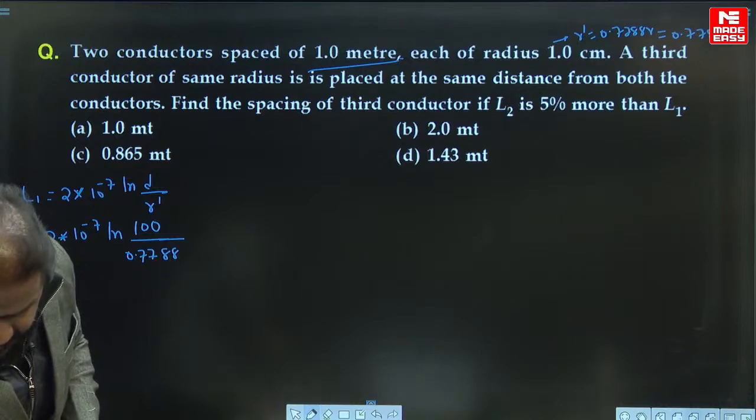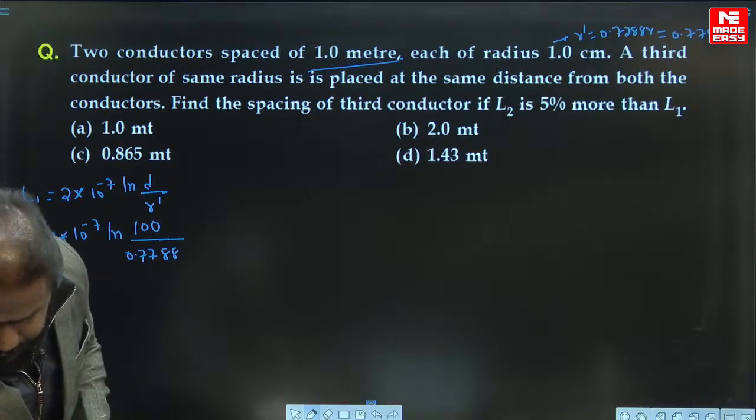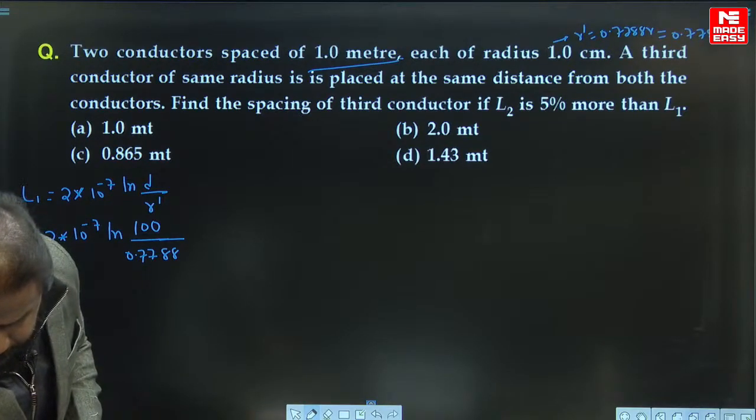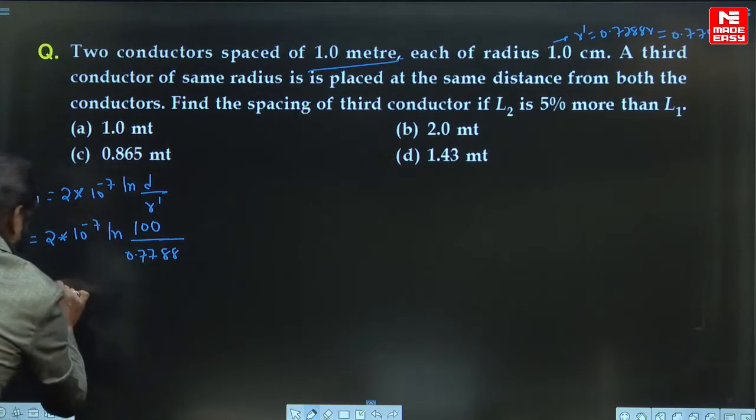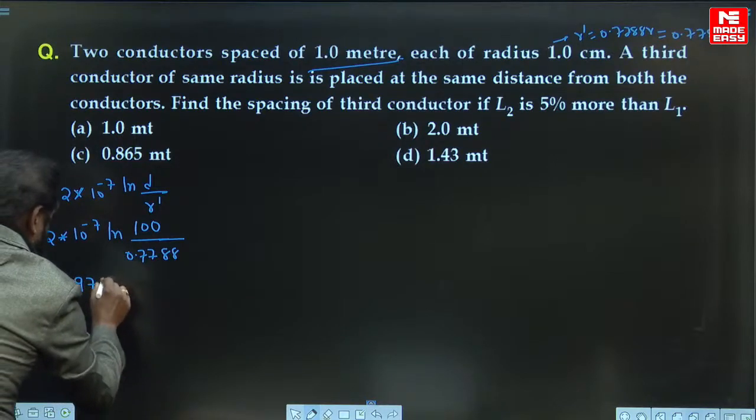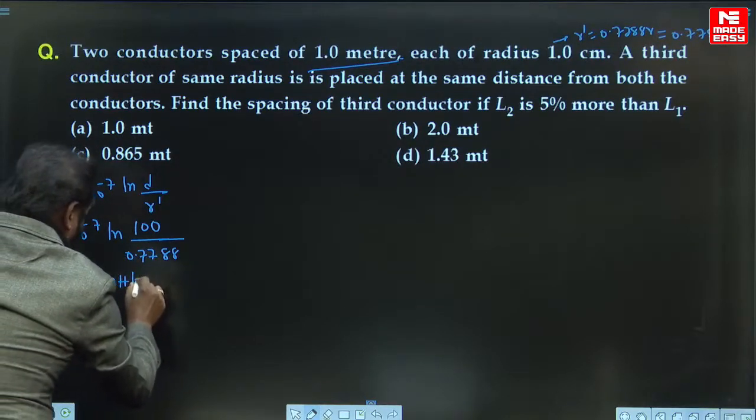It is coming as 0.971 microhenries per meter.